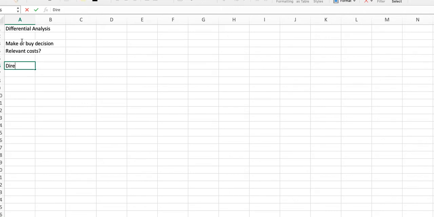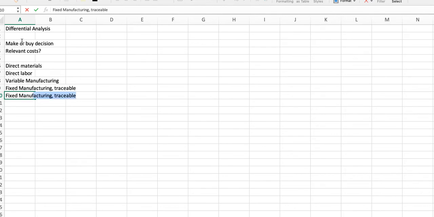And so we start with our direct materials. Then we have our direct labor. And there's going to be qualitative factors involved in all of these decisions, but what we're looking at right now is simply quantitative. What are the numbers telling us? Variable manufacturing. We have fixed manufacturing, and we're going to look at these separately, and I'm going to talk a little bit about that.